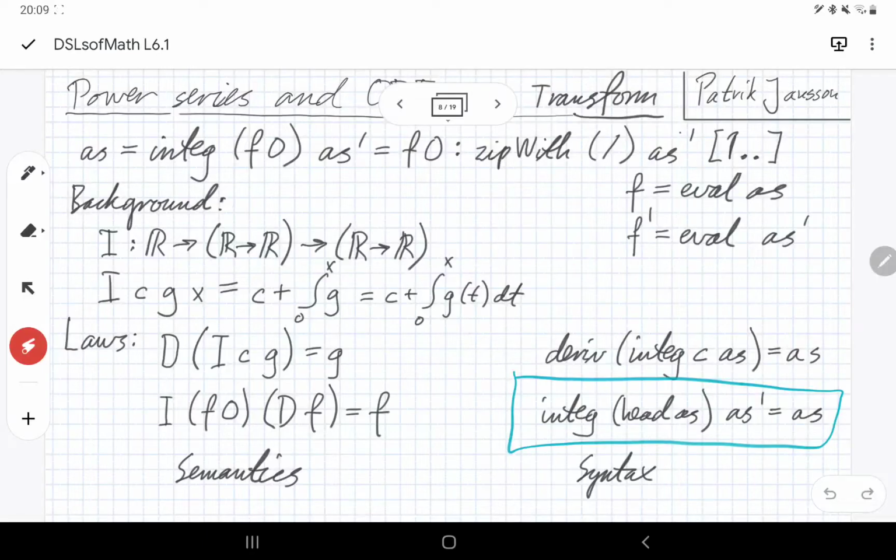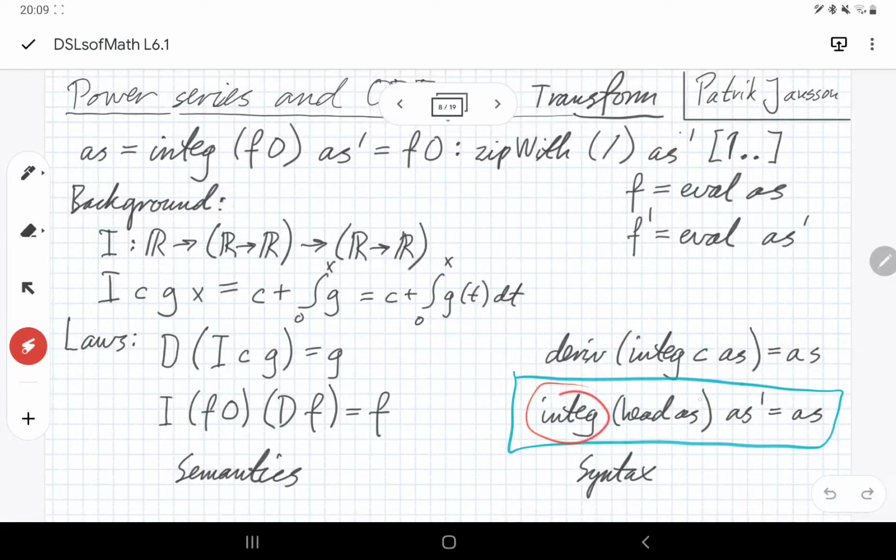And similarly, if I do it in the opposite direction, only talking about the lists of coefficients, the derivative of f, I said I represent by as prime here after the transform, and f of 0, that's the head, the first element of as. That's the one I would have to put back because I don't know it from the derivative.